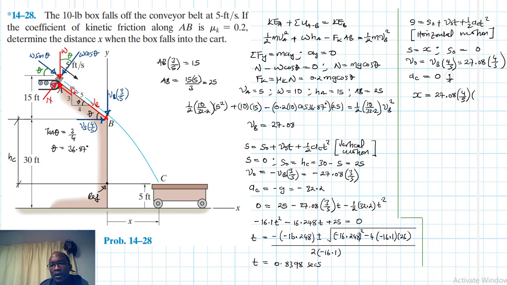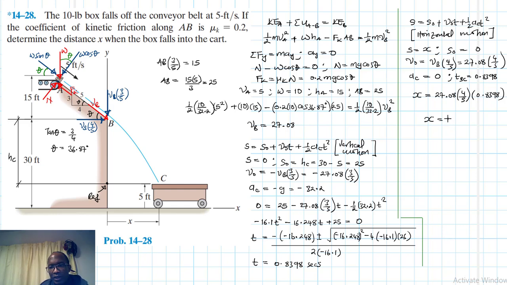Okay, so our T here, which is TBC, we said is equal to 0.8398. So this is the one we are plugging here. Okay, and therefore our X is just going to be equal to 27.08 by 4 divided by 5 times 0.8398.